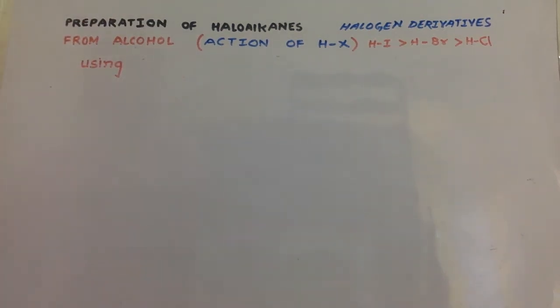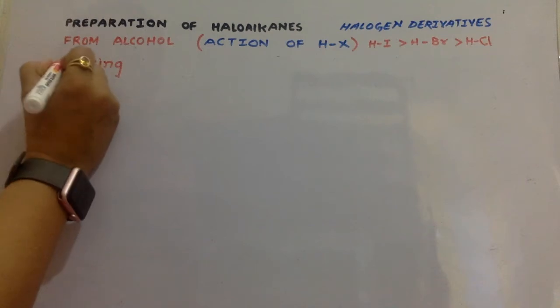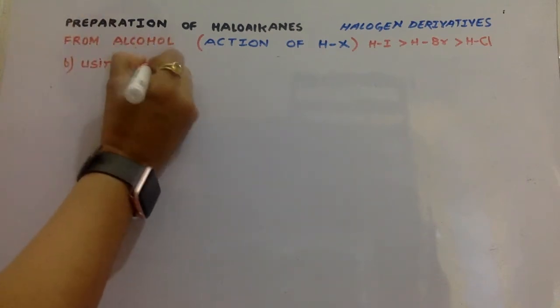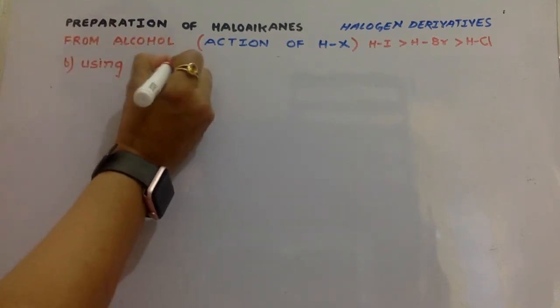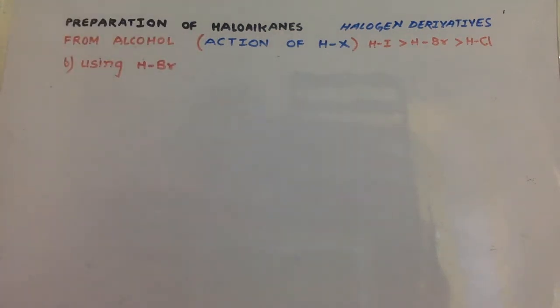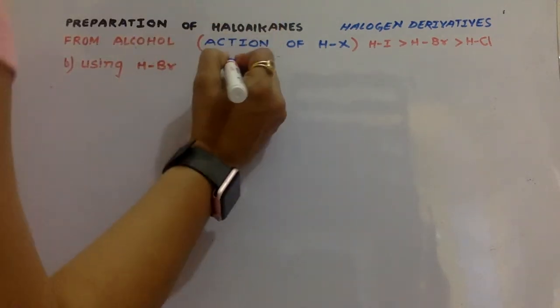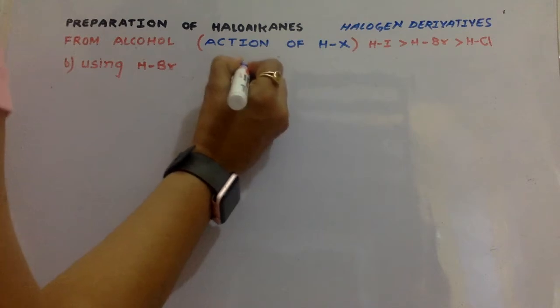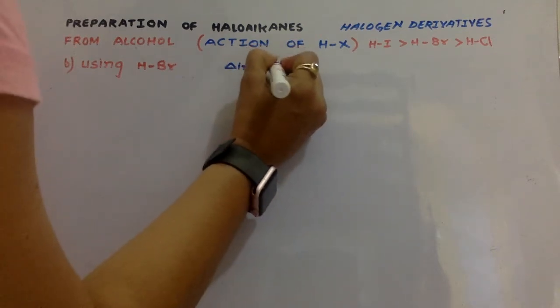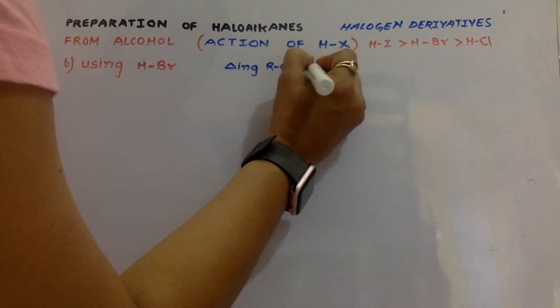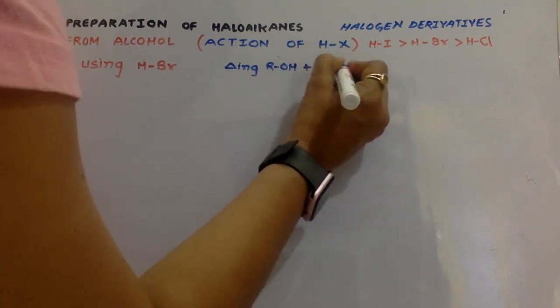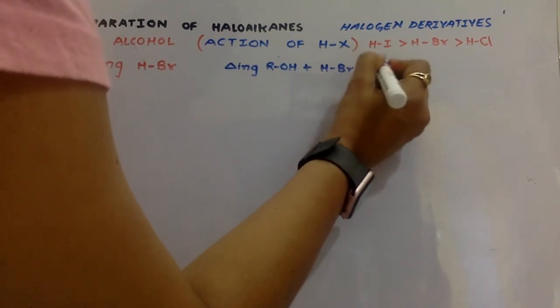So, here we go, using HBr. The most important thing over here is bromoalkanes are prepared by heating an alcohol with constant boiling HBr, which is 48%.